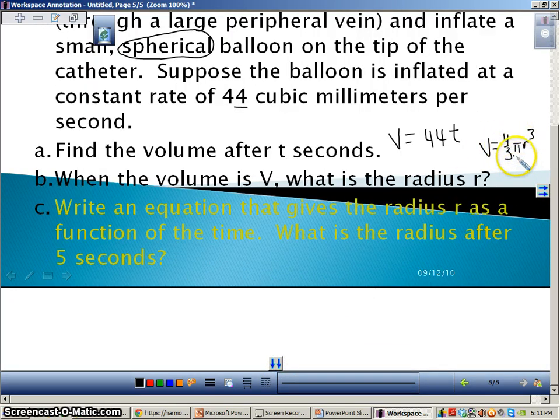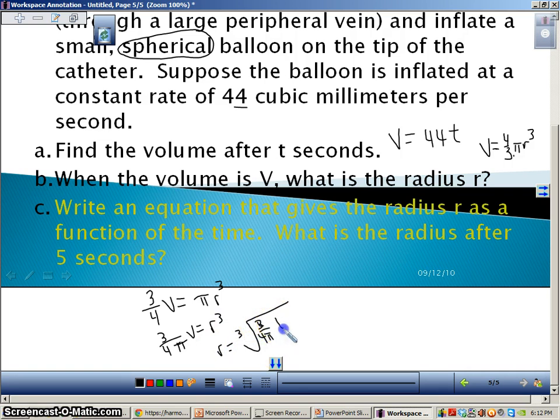Let's come down here so you can see it. We would multiply by the reciprocal, right? And we need to divide by pi. And take the cube root. So we've got the cube root of 3 over 4 pi v. Kind of ugly, but that's what it is.